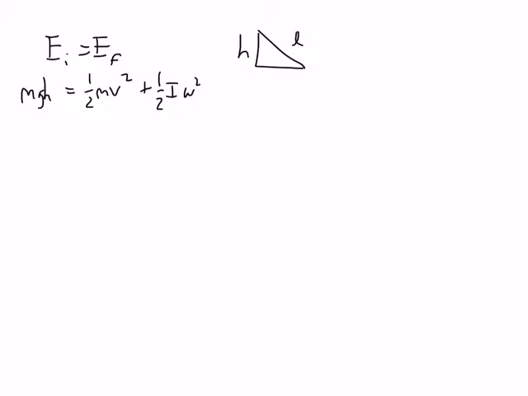We know this length L, and we know that angle. So we know that the sine of theta is h over L, or h equals L sine theta, right? So now we've turned that h into something we know the values of, because we know theta and L. So let's put that in.